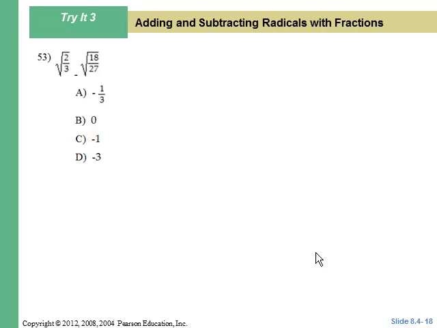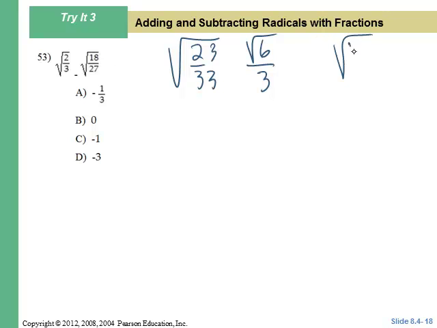Try this one. Okay, to get rid of the denominator here, you're going to have to multiply top and bottom by 3. So you have the square root of 6 over 3. 18 over 27, you have to multiply top and bottom by 3 again, and you have 50, square root of 54 over, this is 81, square root of 81 is 9.